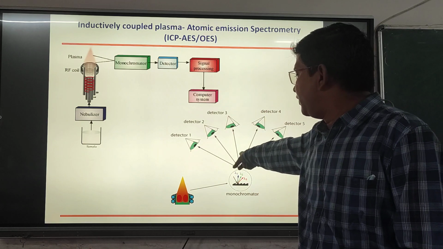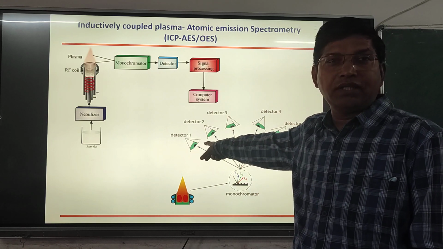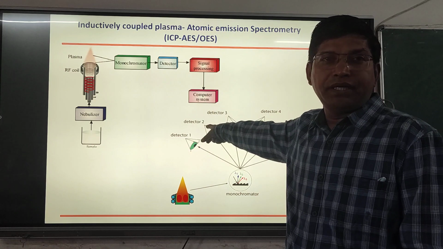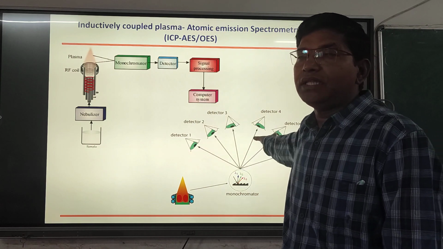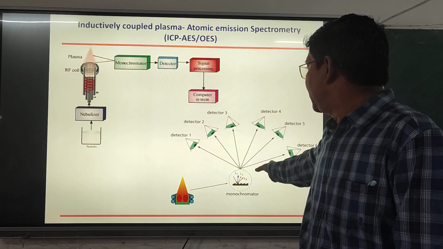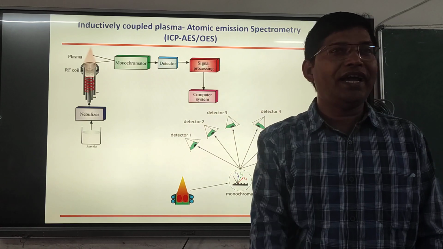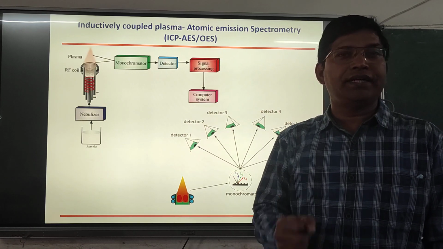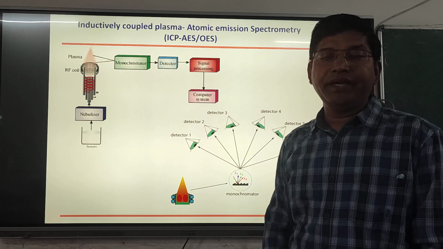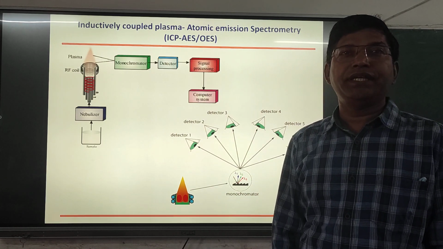Copper will produce a particular wavelength of light, zinc will produce a particular wavelength, so their wavelengths of light are different for the different elements, and that will have a different detector for measurement of these elements present in the sample.